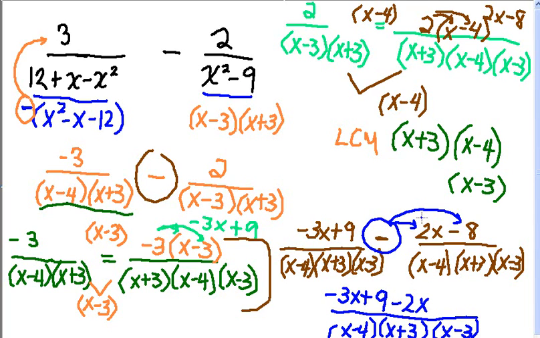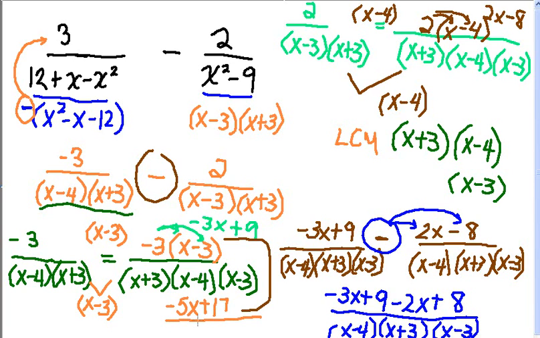And then I have to also distribute it to the 8, so I'm going to have plus 8. Now combining like terms, in the numerator I have a minus 3x and a minus 2x, so I get a minus 5x. I have a 9 and an 8 positive, so they're going to leave me 17.